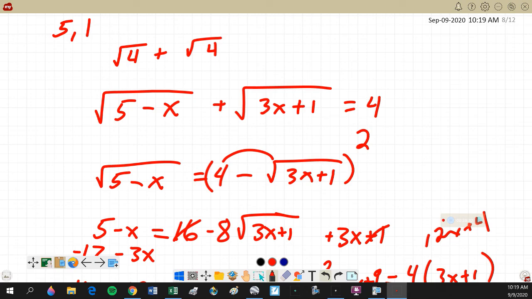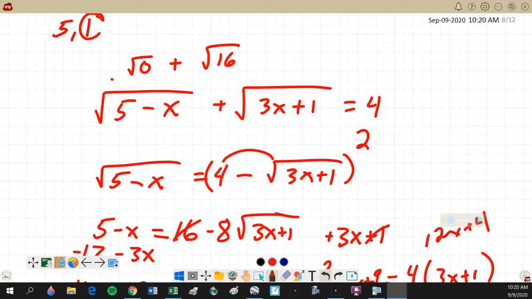Is root 4 plus root 4 equal to 4? Yes. So 1 works. I plug in 5, and I get root 0 plus root 15 plus 1, which is root 16. Yes. So in that case, they both work. Okay.